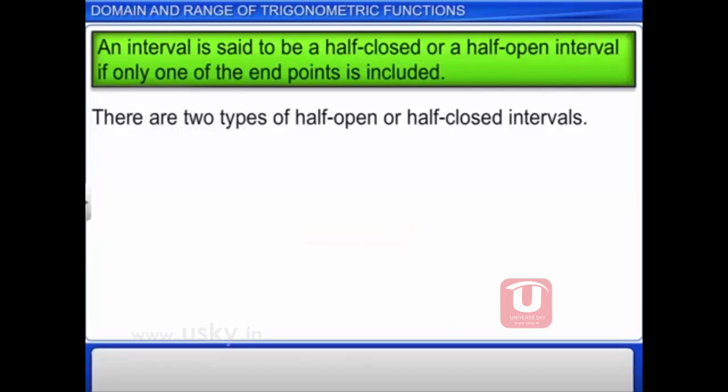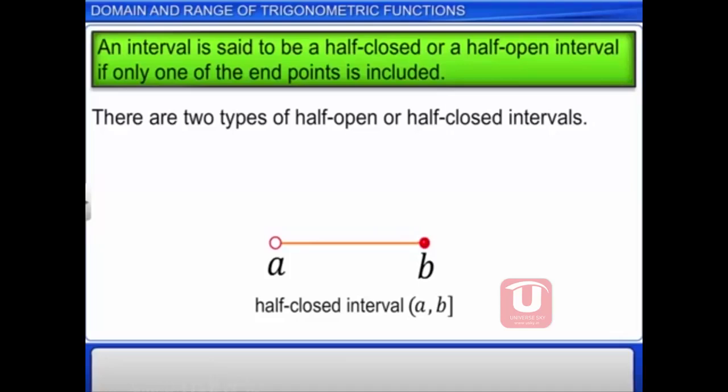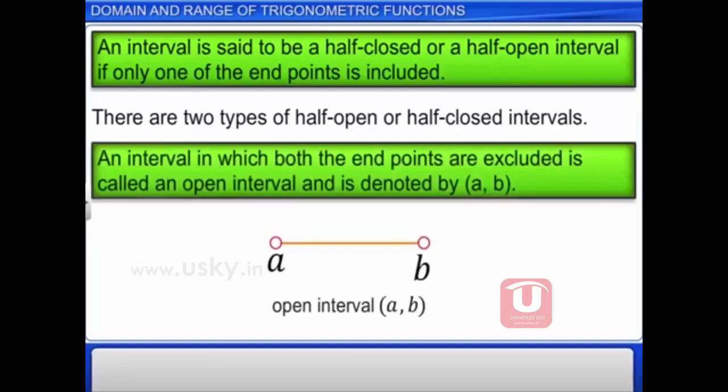On the other hand, if A is excluded and B is included, then the bracket is open at A and closed at B. It is denoted as shown. An interval in which both the endpoints are excluded is called an open interval and is denoted as shown.